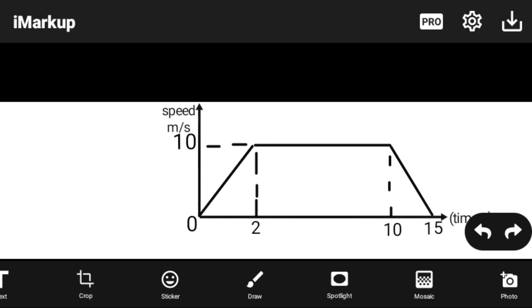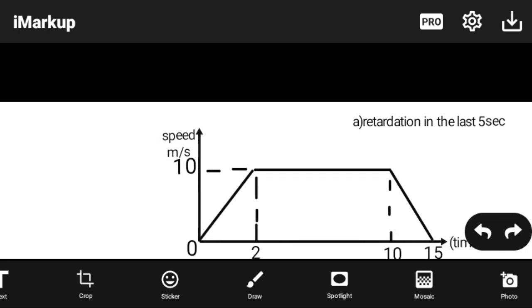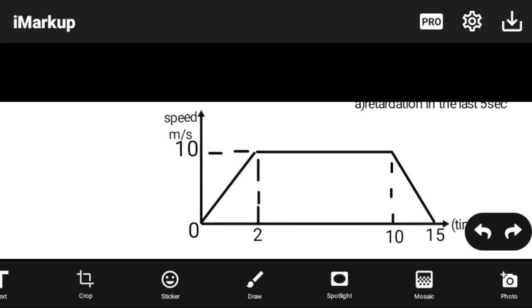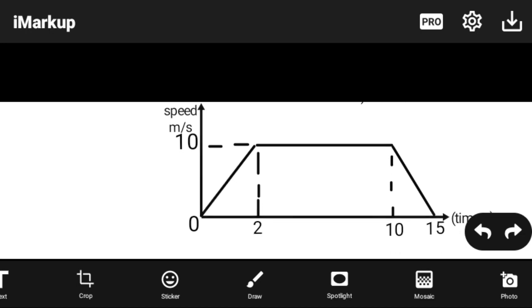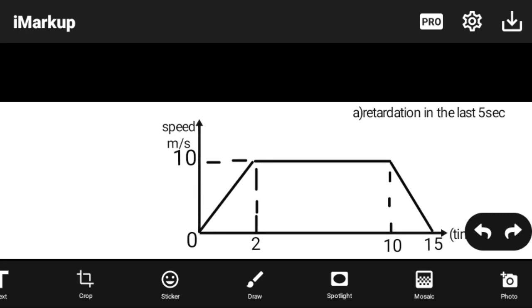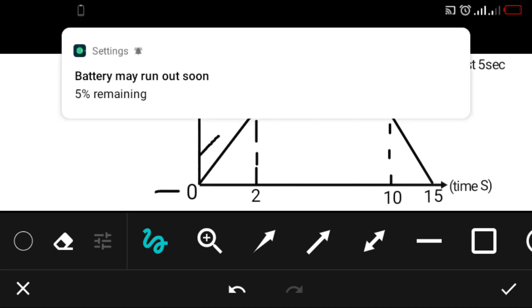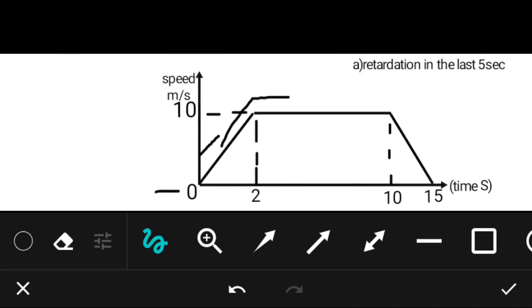Okay, we can now answer the first question. So what was that first question? The first question was saying retardation in the last 5 seconds. So try to analyze this speed time graph first. When you clearly look at this speed time graph, this object started from 0 there, and then it started accelerating.